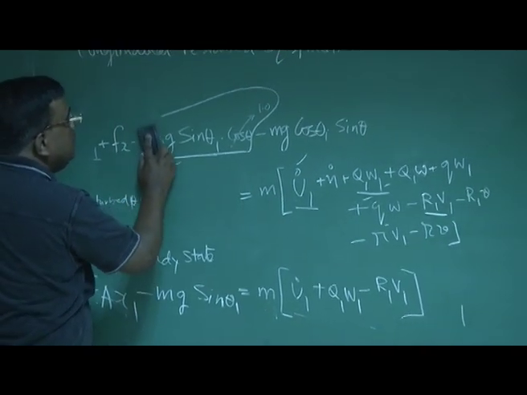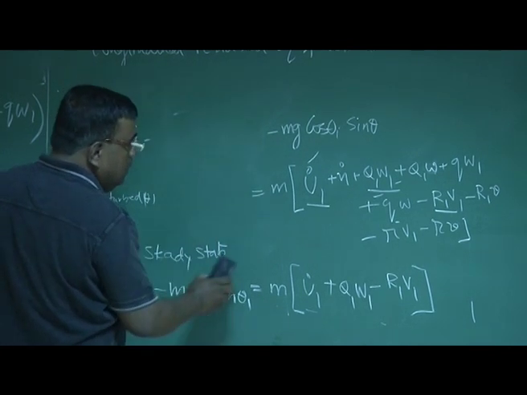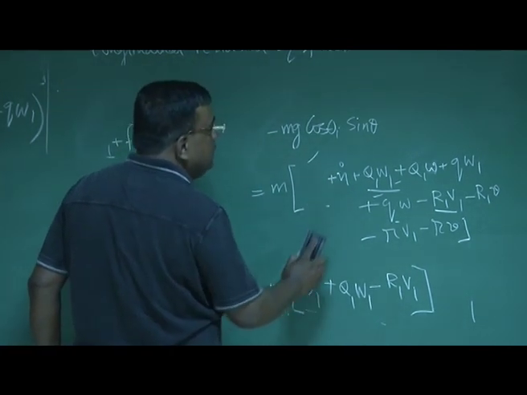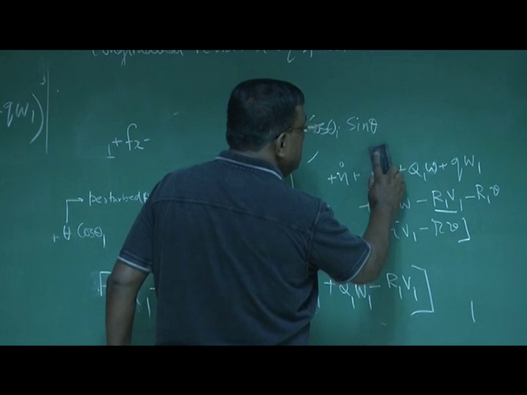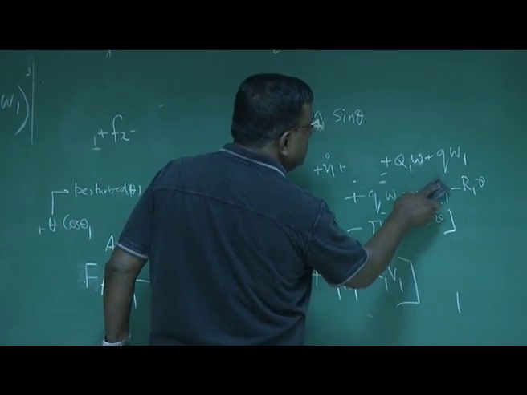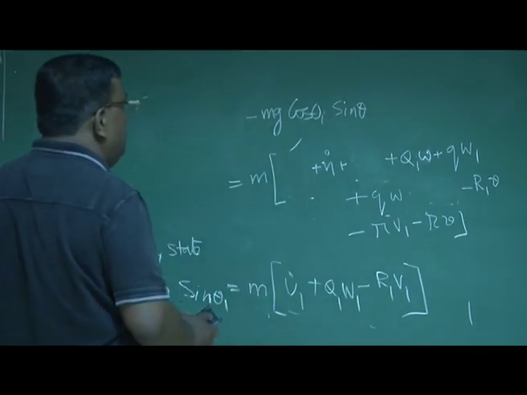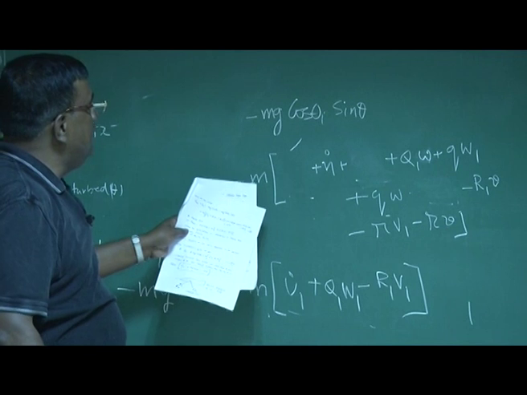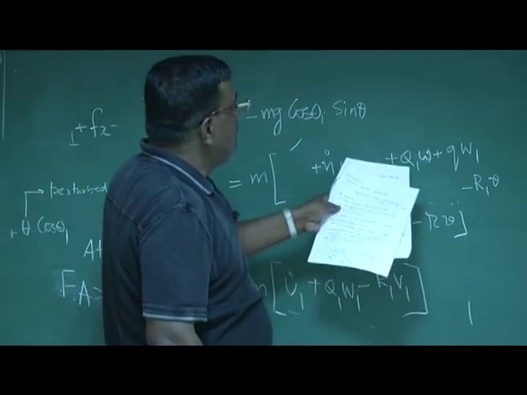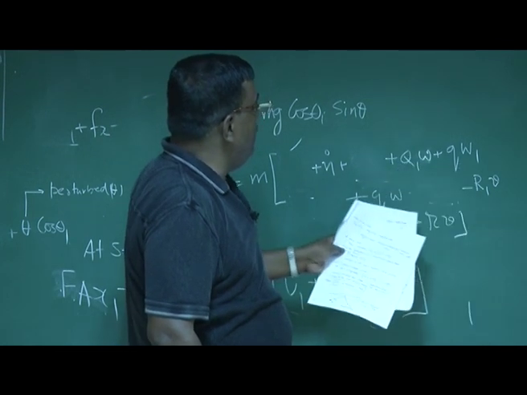This goes, because they are equal to this, and r1 v1 and this. So I am erasing this. Now we are left with what? On the right hand side, m u dot, q1 w, then q w1 like this.